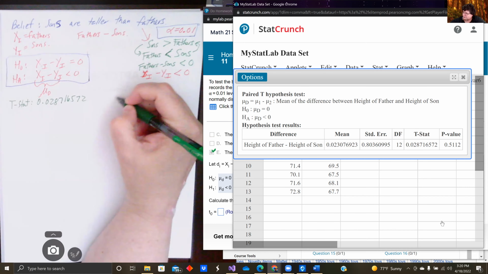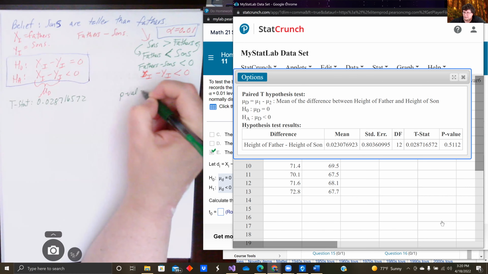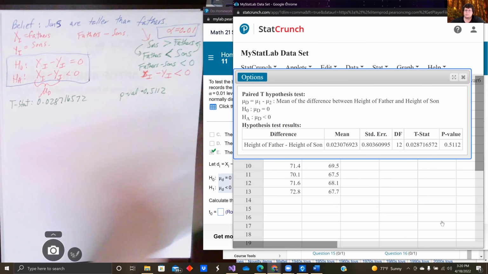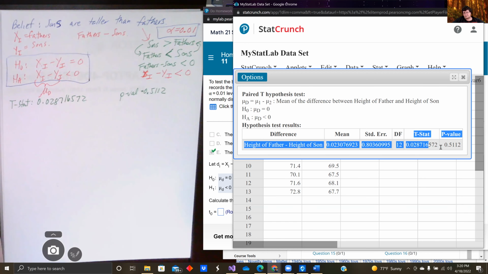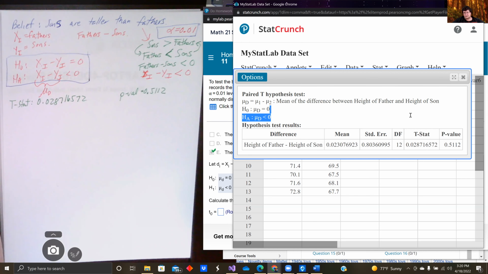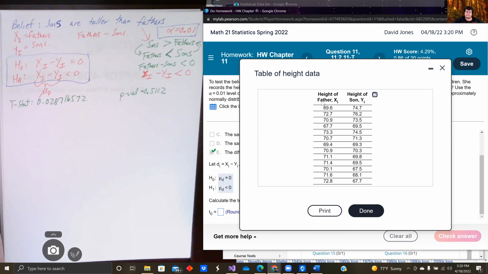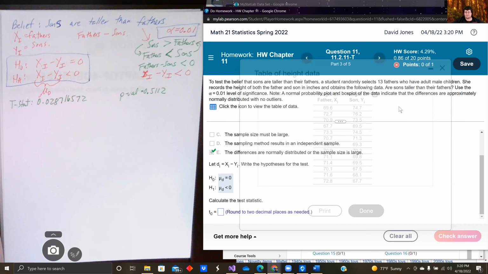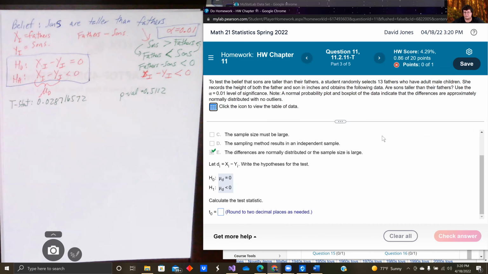And my p-value is 0.5112. Those are the two things I needed right there, the two right columns. So I can come back over here and answer the questions. I didn't know how many decimal places they wanted.